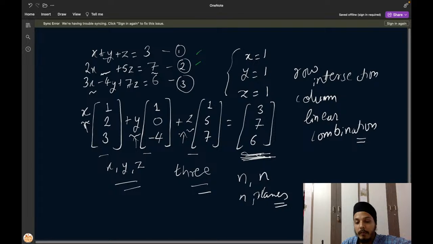Now we will see how to solve these equations using the Gaussian elimination method. We now saw the row form and the column form of the 3D equations.